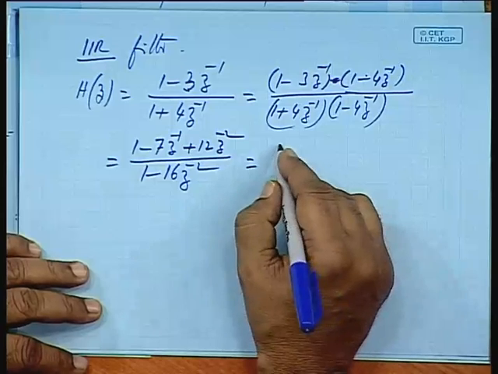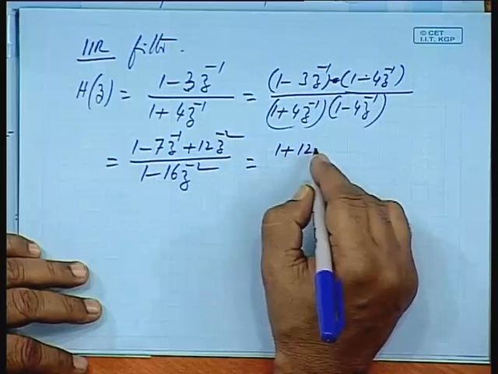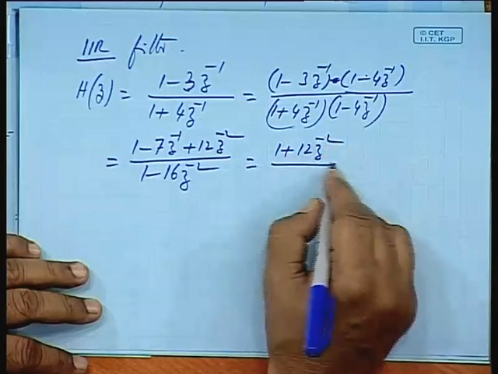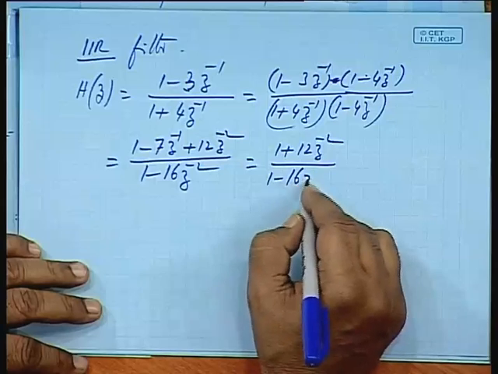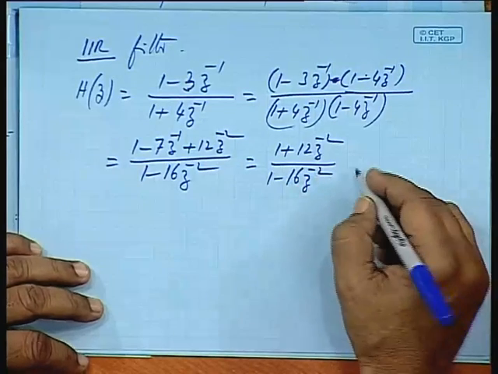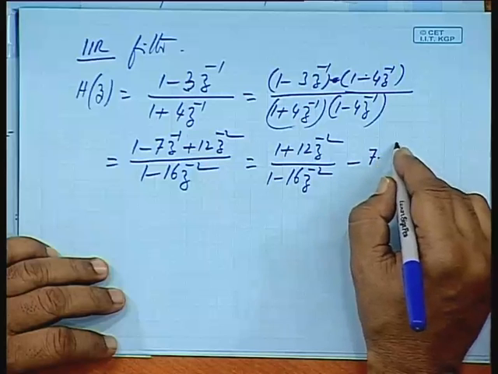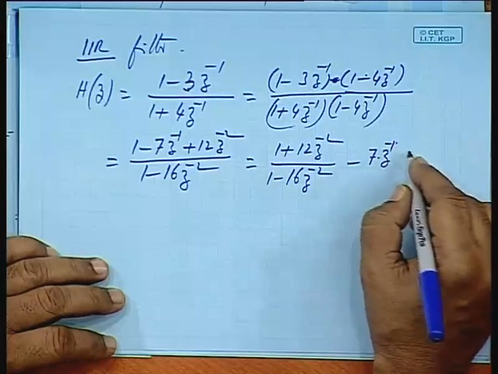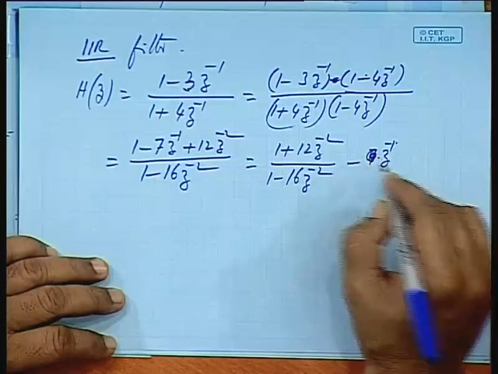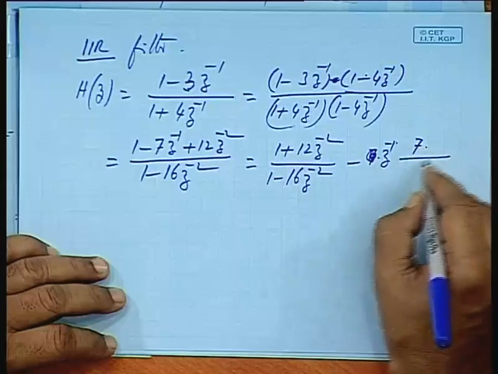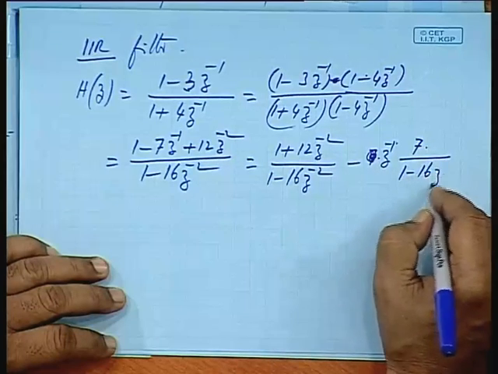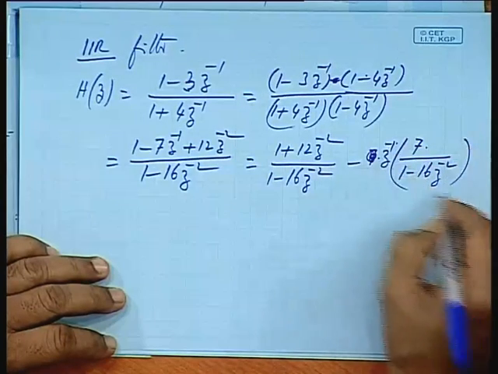So, I can write this as 1 plus 12 Z to the minus 2 by 1 minus 16 Z to the minus 2, minus 7 into Z inverse, okay, minus Z inverse into 7 by 1 minus 16 Z to the power minus 2.